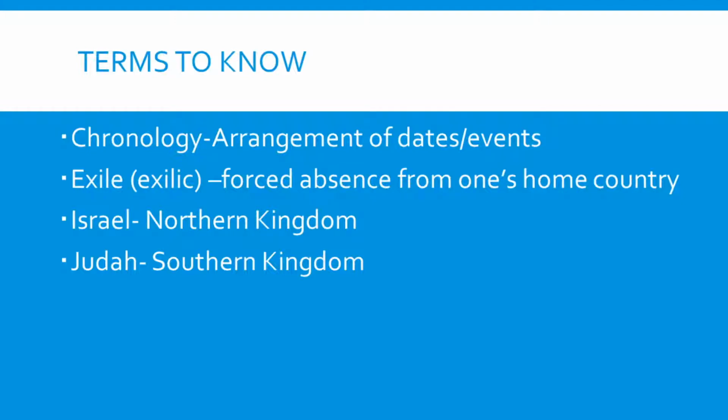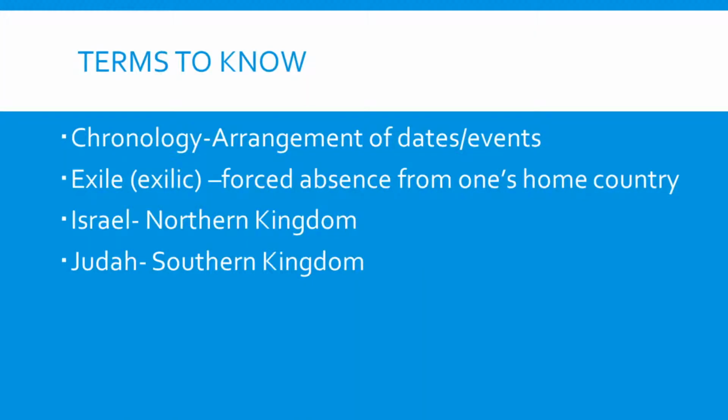At one time, there was a united kingdom that was called Israel, but then there was a split, and the kingdom of the north continued to be called Israel, and the kingdom of the south was referred to as Judah. So North Israel, South Judah, United Israel. Again, I don't like to make any assumptions that people knew this already, and a lot of it will become clearer as we continue to discuss this chronology.